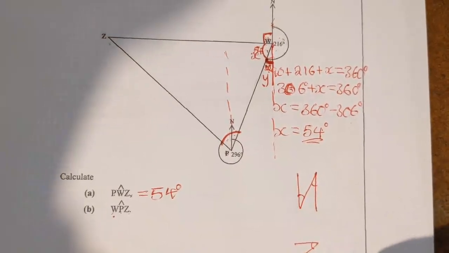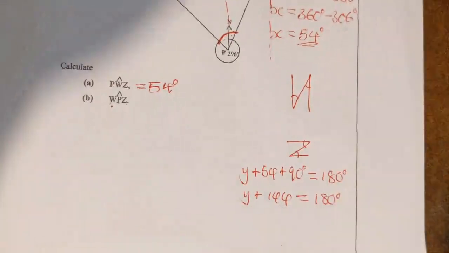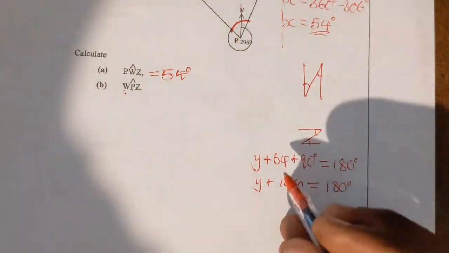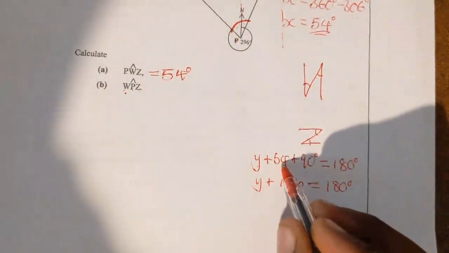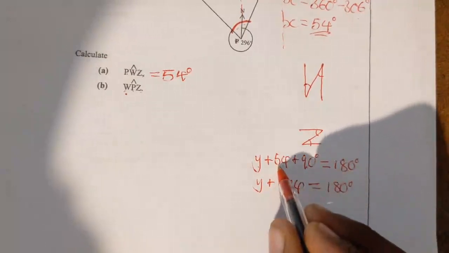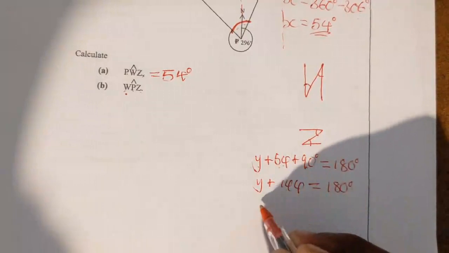Sorry, so I said y plus 54 plus 90 is supposed to give you 180. So this plus that is 144.